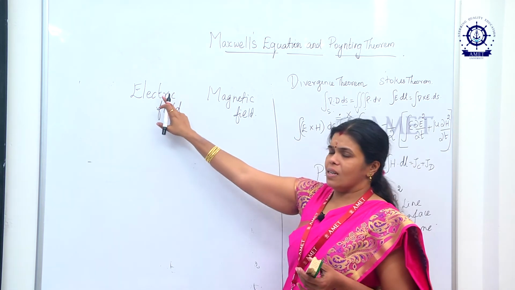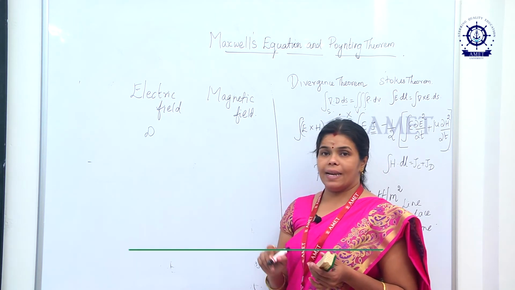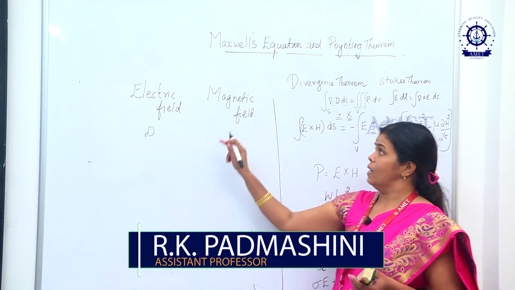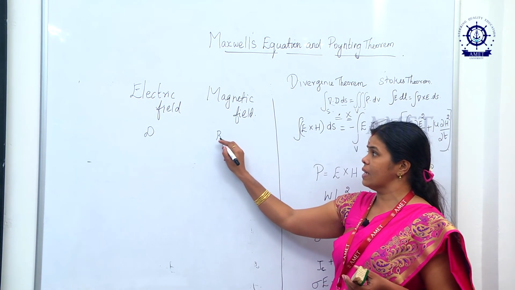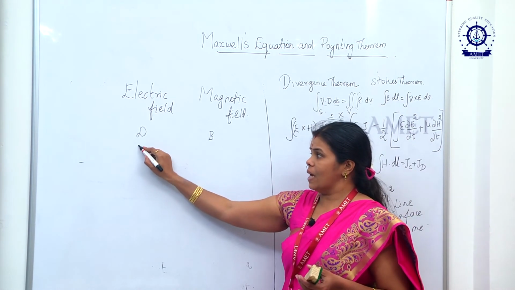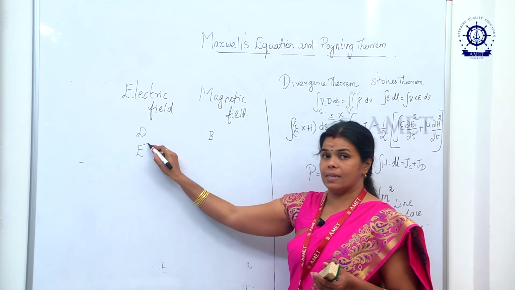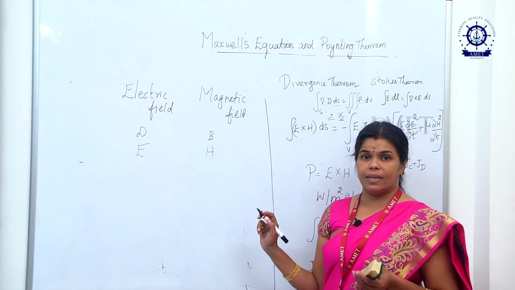Some of the terms related to the electric field: in the electric field we are having the electric flux density. Similarly, in the magnetic field we are having the magnetic flux density. The next thing is the electric field intensity. Similarly, in the magnetic field we are having the magnetic field intensity.